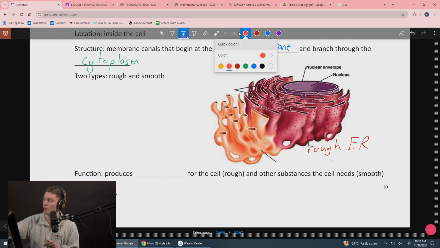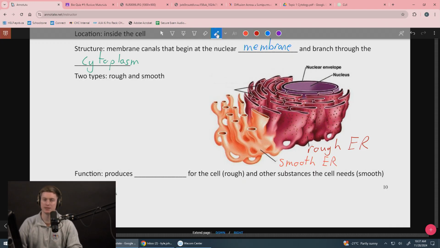And then the more orangey color, peach color on the outside, this is our smooth ER. Now, I talked about this when we labeled the cell diagrams in the last lesson, but what makes it rough versus smooth is all of these little bumps on it. All of the little bumps on the rough ER, those are ribosomes.